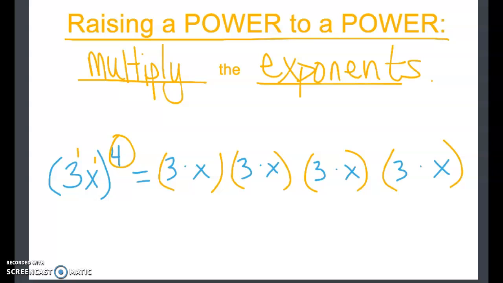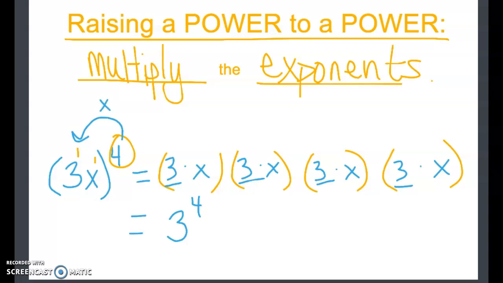So as you can see, in each group we have 2 different bases, which means our answer should also have those 2 different bases. So if we look at our 3 first, you can see we have 1, 2, 3, 4 copies of 3. And if we would have used the shorthand version, we could have just said, well, each of our 4 groups has 1 3 in it, and 4 times 1 gives us that 4.